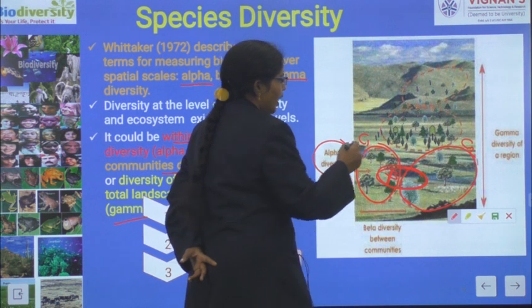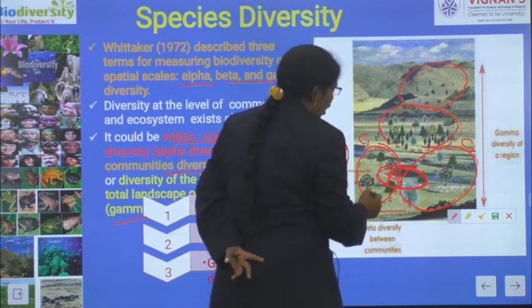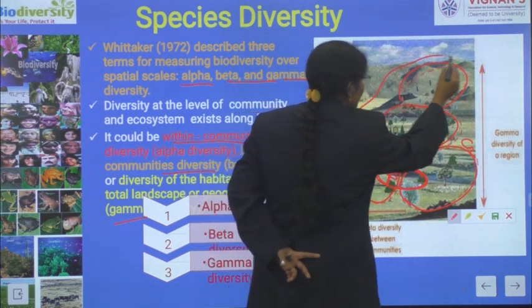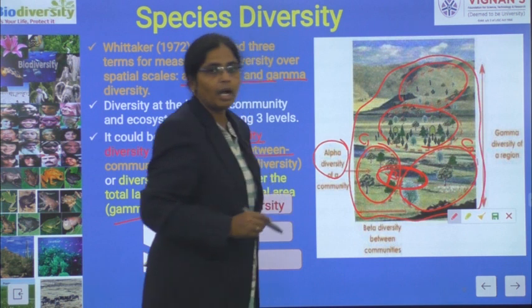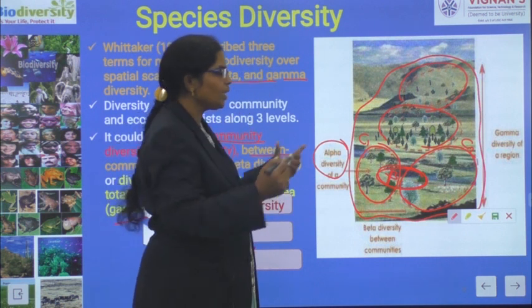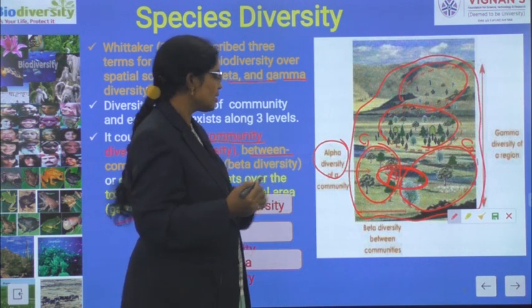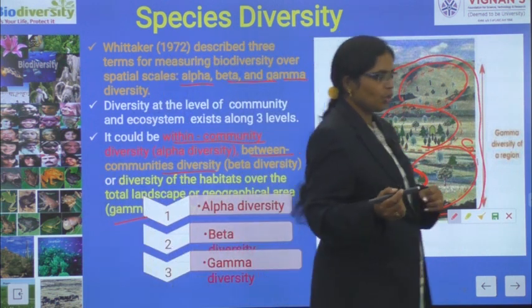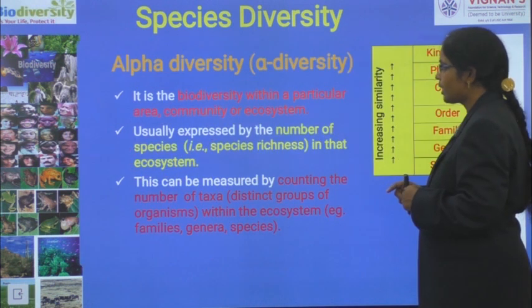And another community. All together, the diversity in different communities is called gamma diversity. That means between communities, alpha and beta all together is called gamma diversity. So these are the three categories of diversity under the species category.